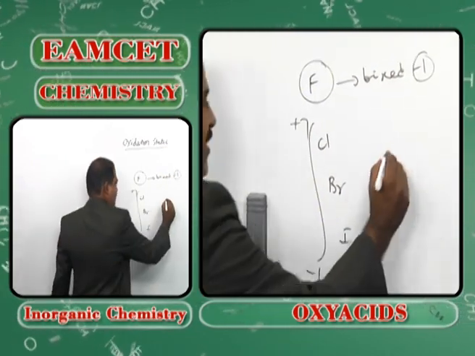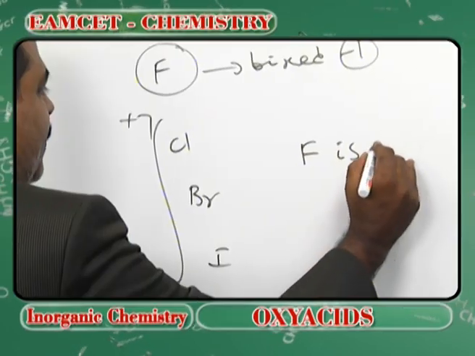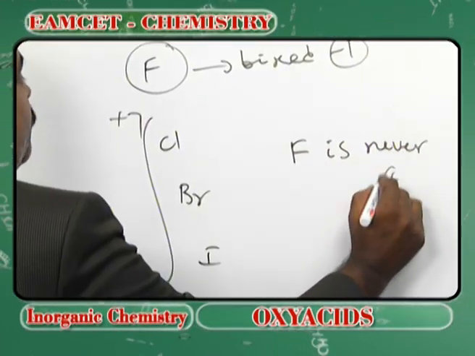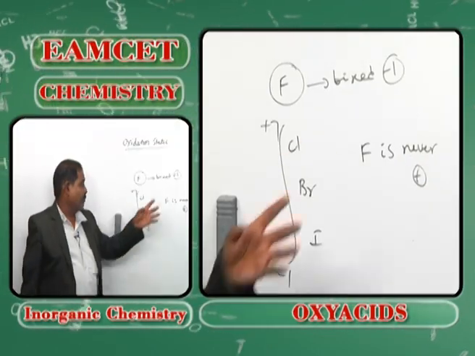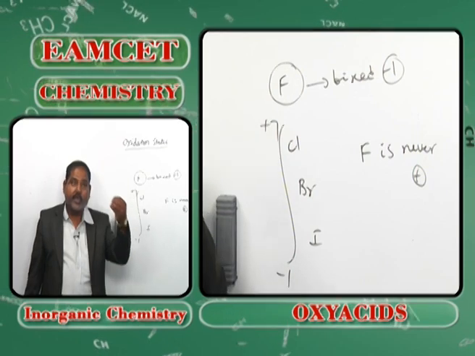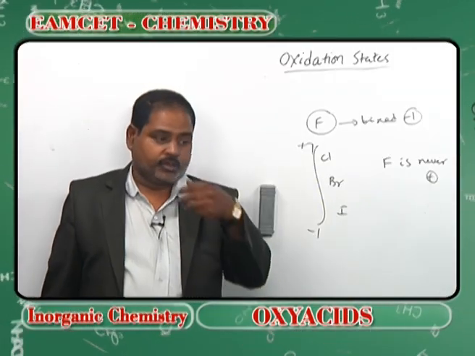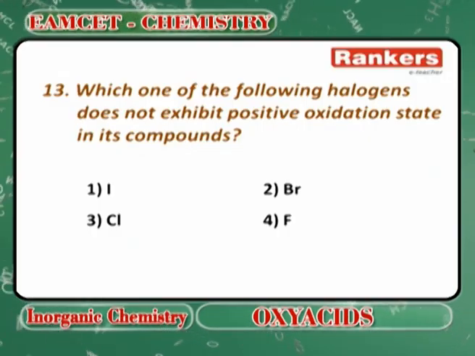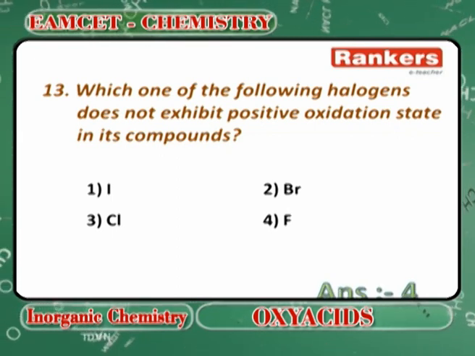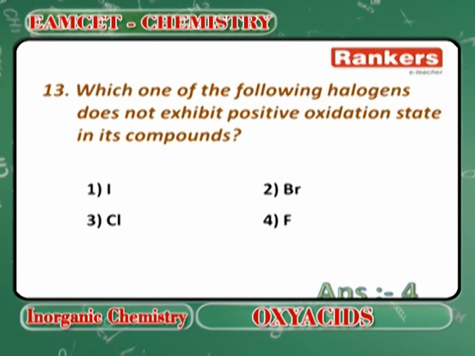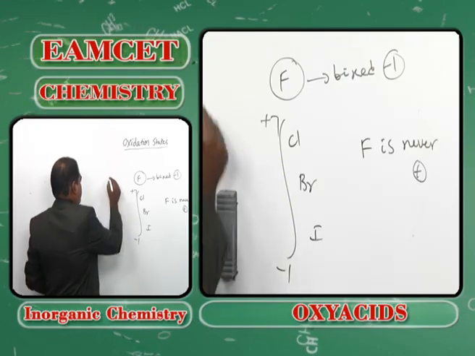Fluorine never loses any match, being the strongest, most powerful team. No question of losing any match. Chlorine and the others exhibit minus 1 to plus 7, all kinds of oxidation states.